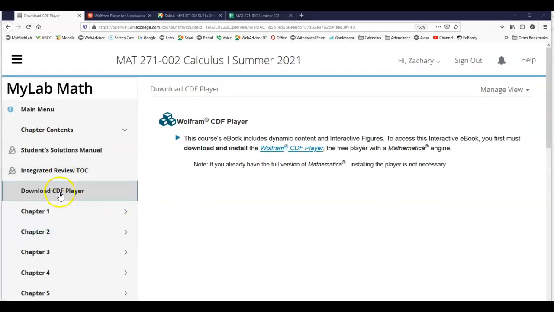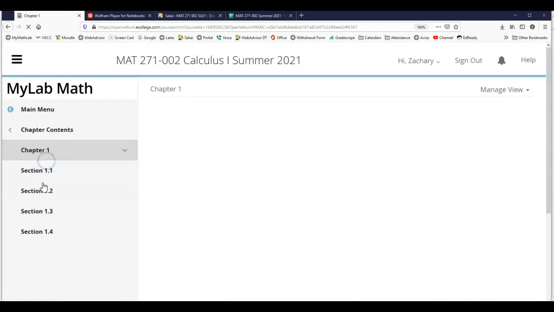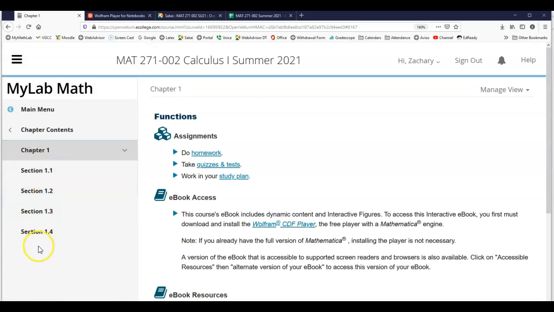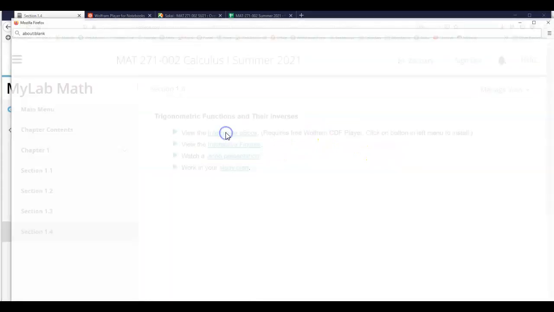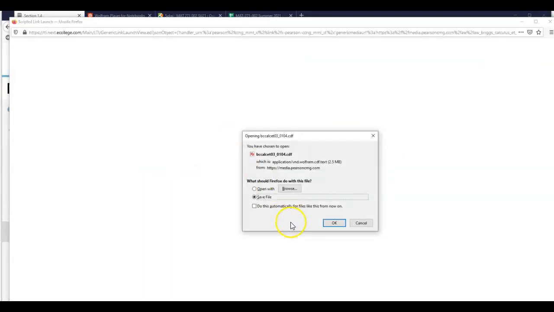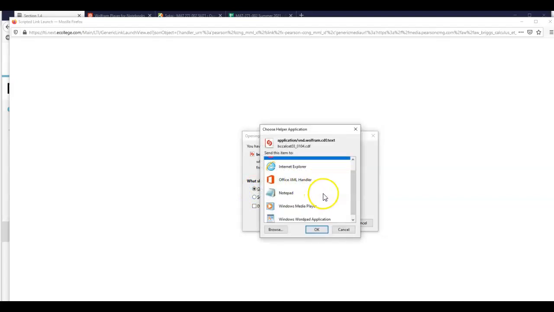Alright, so once you have that installed, then you can go to direct chapters and sections. For example, we're going to do a couple of problems out of section 1.4 here. So you click on that. And now once you have the Wolfram CDF player, you can click on the interactive ebook. The first time it's probably going to ask you, what are we going to open this with?